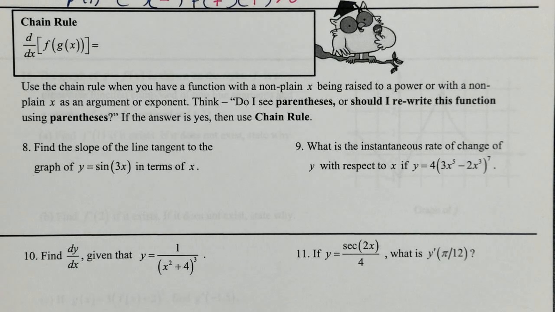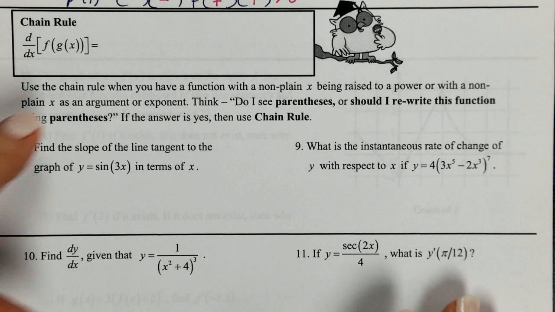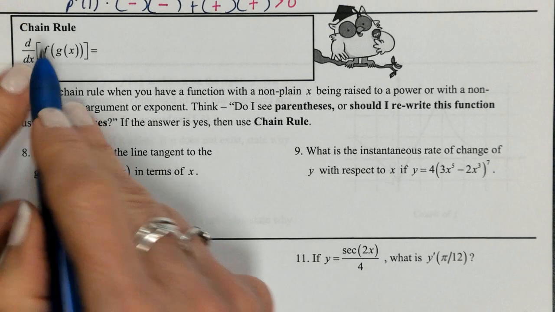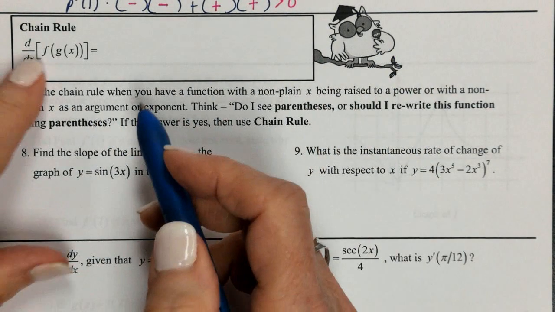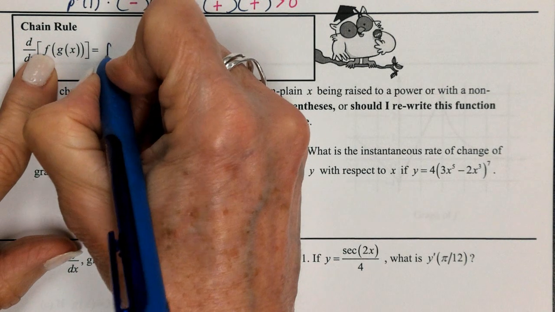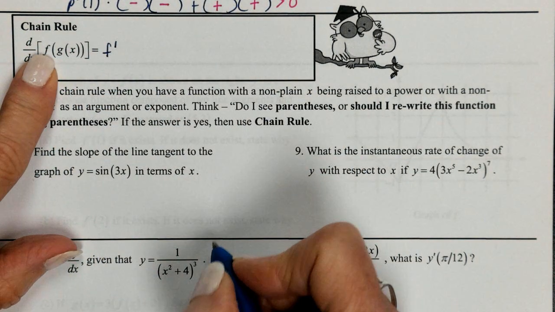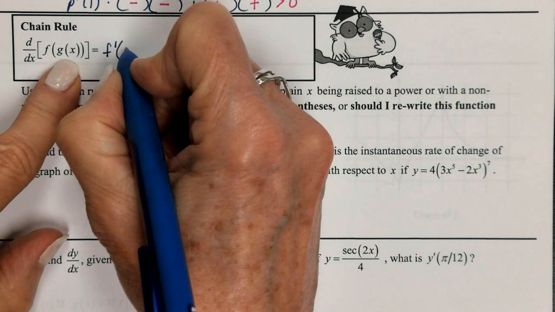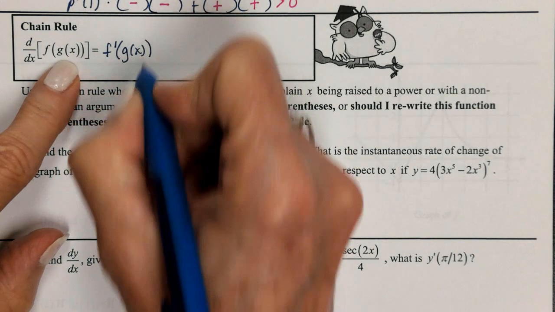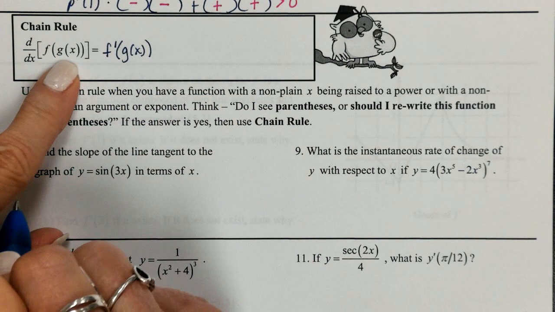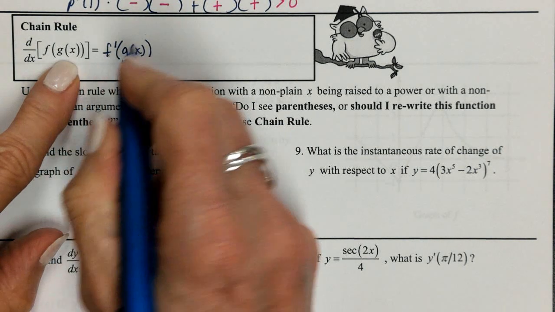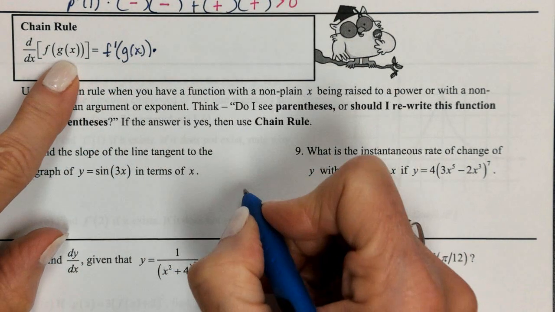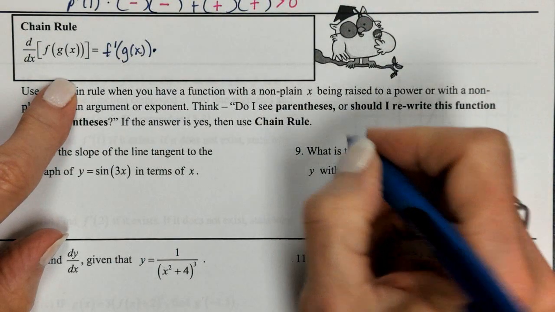Okay? Here's how the chain rule works. You always start on the outside. You start on the outer function, and take its derivative. You leave the argument alone. No derivative of its argument. Then you multiply by the derivative of the argument.